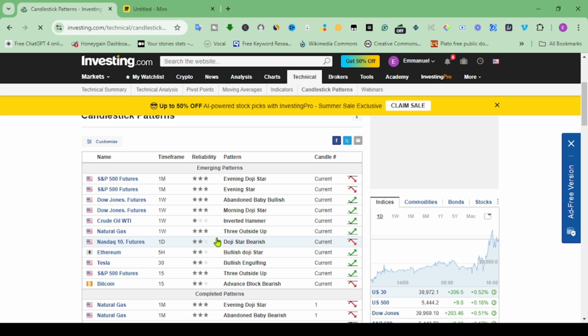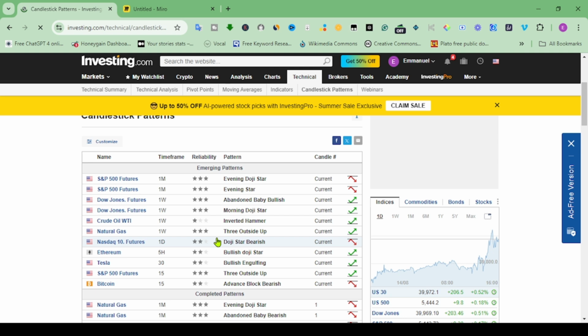When you see this shape together at any key level, when the market is going downward, when the market is on the downtrend, be watching out for when the market will reverse up. So these are some of the candlesticks you should be looking out for. When you see a candlestick like this, it means the market is going to reverse. You can see the reliability is high. Okay, and that's for morning star.